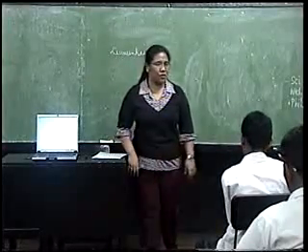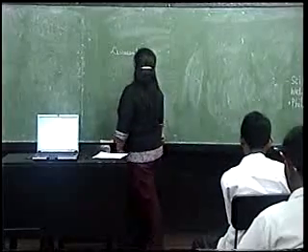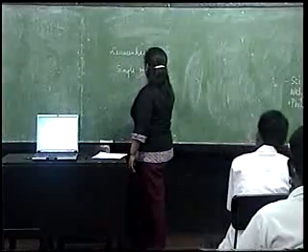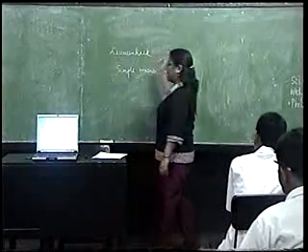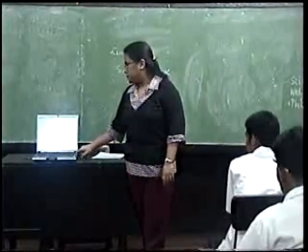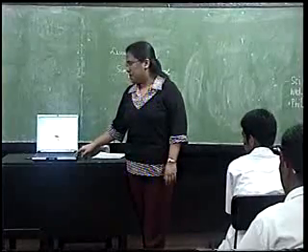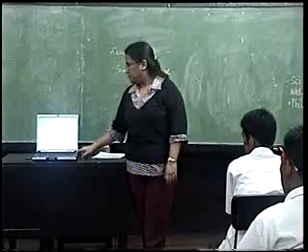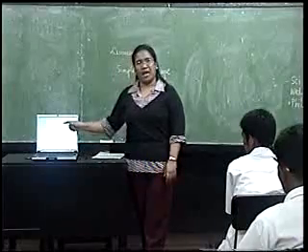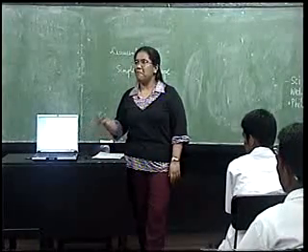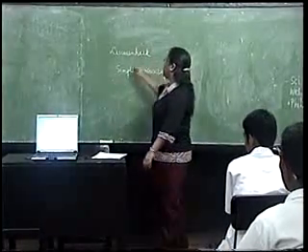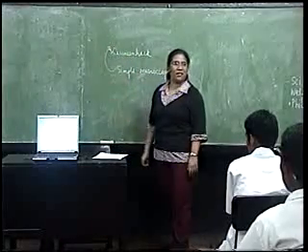The first kind of microscope is what we call the simple microscope. Okay, so this is a picture of a simple microscope. This is the kind of microscope that Leeuwenhoek used to observe the cork.